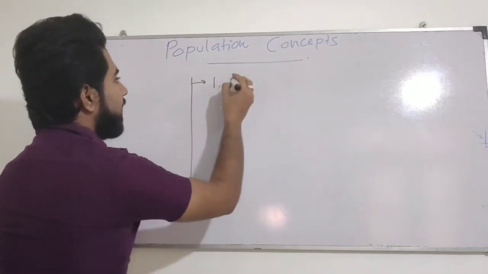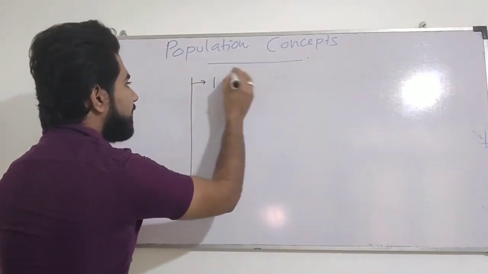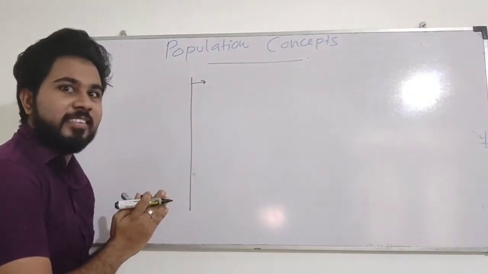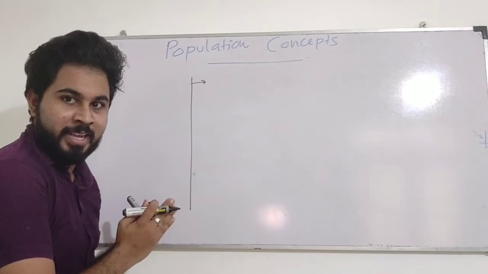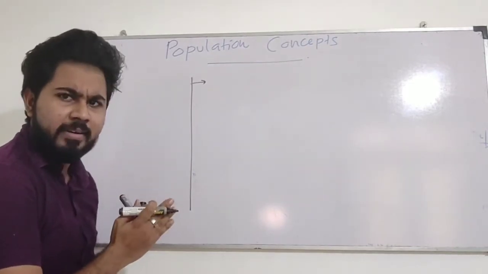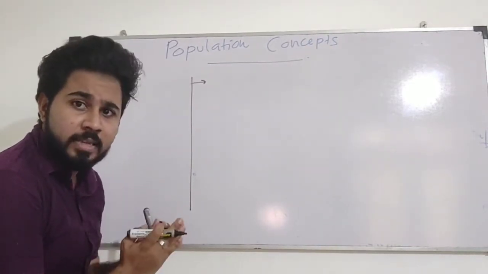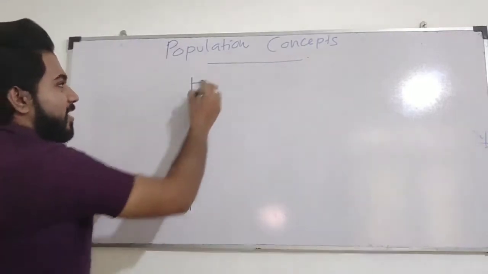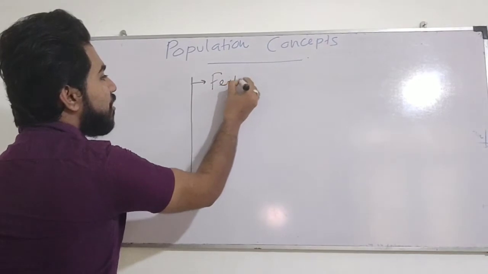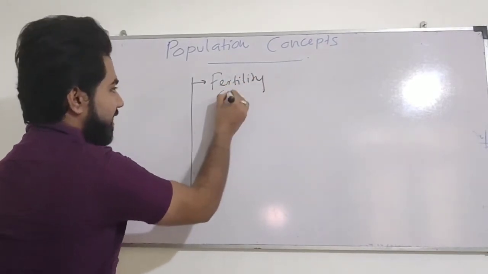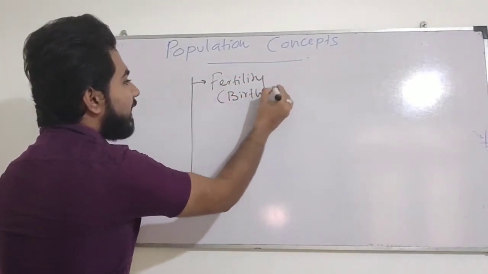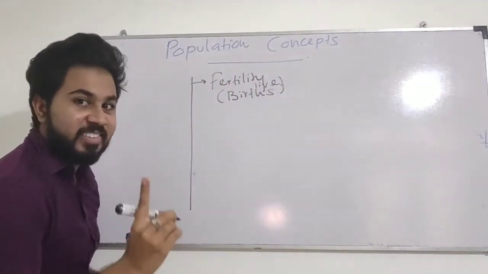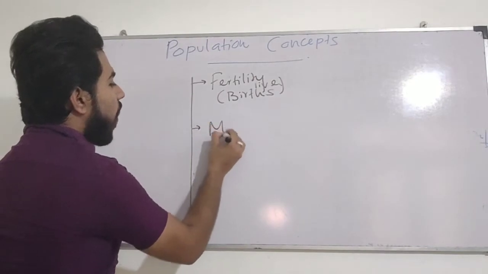Now we'll align this with the factors that we have learned so far. In the last video, I told that the population size will vary as a result of 3 main factors. What are the 3 main factors? First one, fertility. Fertility means births, live births. And what is the second one? That is mortality.